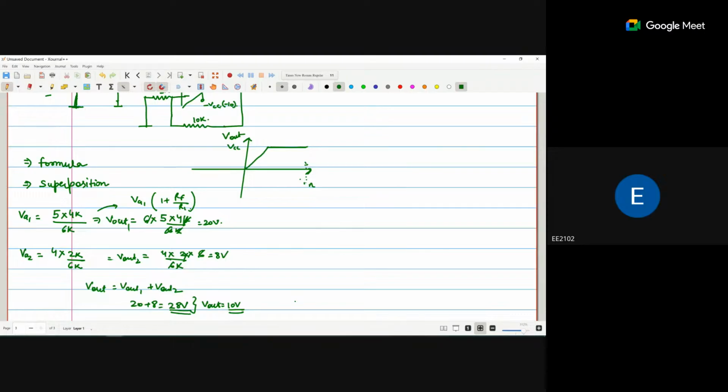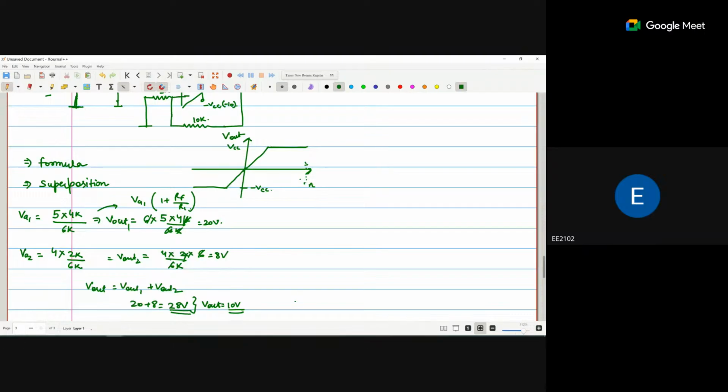It will not go beyond the VCC point. Similarly, if you apply a negative input, you get a minus V out, but it will not go beyond minus VCC.